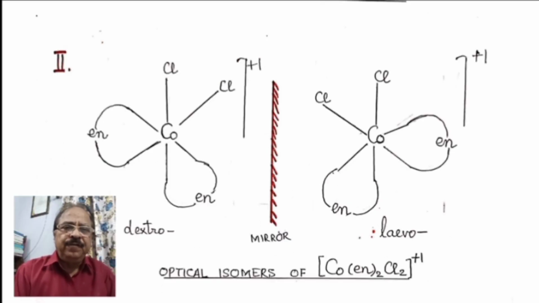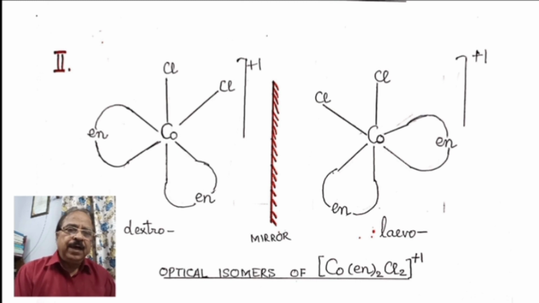This is an example of the second type. In this, two didentate ligands, which are ethane-1,2-diamine, are attached to the cobalt ion, and two unidentate ligands of the same type, here the chloride ligands, are attached to the cobalt ion.